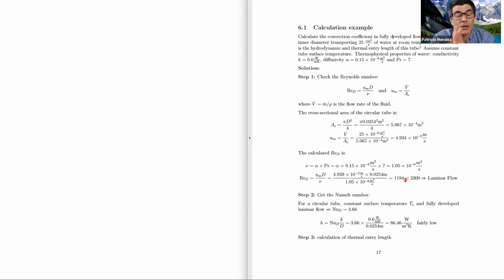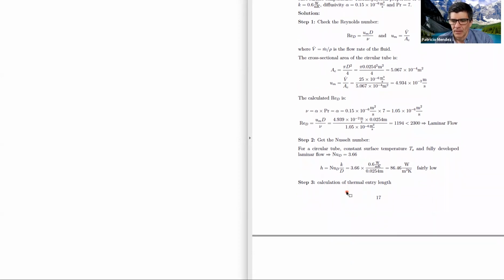But if the number is below 2300, that's laminar for sure. So it's laminar flow in a pipe, and they tell us it's fully developed. So we don't need to worry about entry length, or the Graetz number or anything like that. And let's get the Nusselt number then.